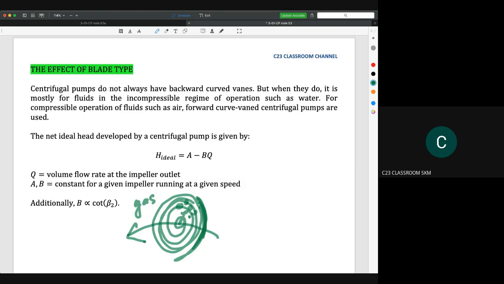The forward blade has the specialty of catching all the gas and rotating it in the pump, compared with water. Water is very heavy, so it is just not suitable for the forward blade. This is the rationale for why we use backward blades for liquid.